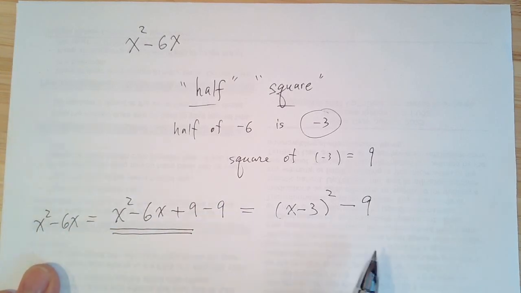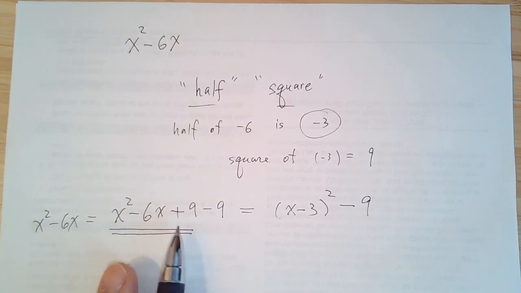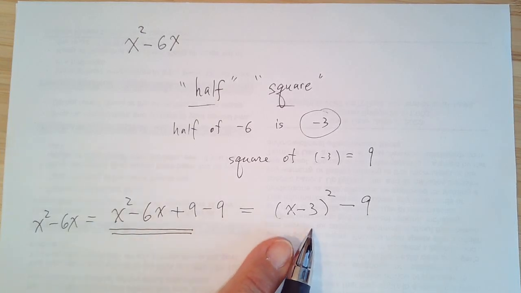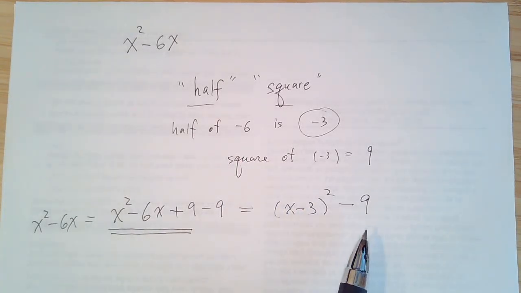Look at every single step I'm doing. I'm not changing the value. That's why I can write equal, because I plus 9 minus 9. Therefore, this is the same as that one. And then from here to here, I just combine the first three terms and rewrite them into this form, minus 9. So the whole step here, half and then square, will help you to complete the square.